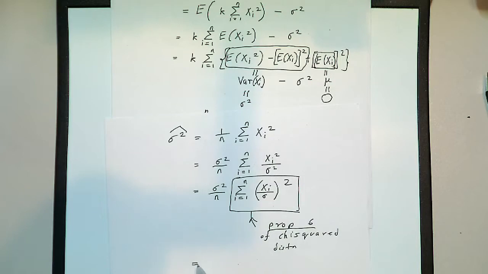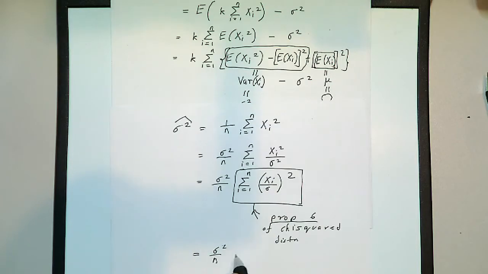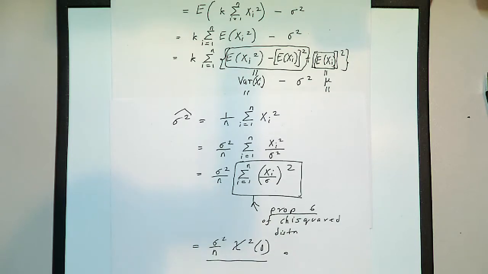You will see that because of that, this guy here has a chi-square distribution with n degrees of freedom. So this is the answer. If you don't remember, guys, please go to the course website and look at property number 6 of the chi-square distribution, the notes on chi-squared. You will see that property, right?